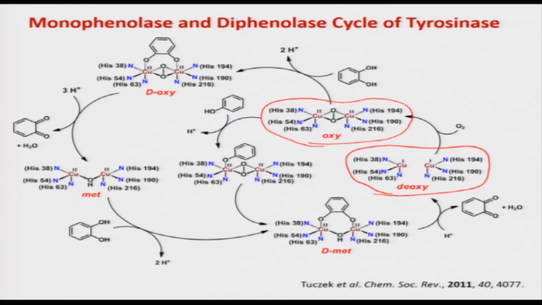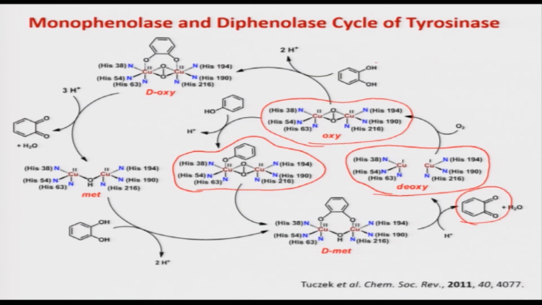There are two possibilities. One is that monophenol binds, or diphenol binds. If monophenol binds to one copper center, this is the structure, and it converts to the diphenolate form, which eventually gets oxidized to quinone and water.